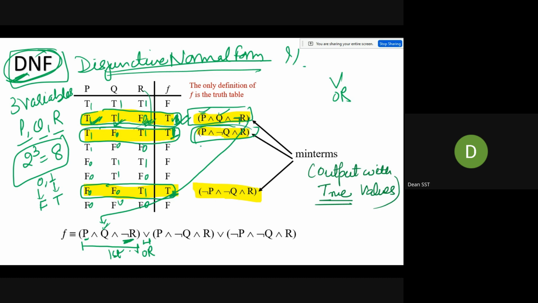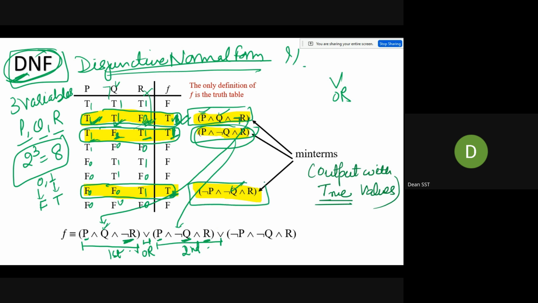Now the second expression. In this row, 1 0 1. For 1 we have written P, for 0 we have written negation of Q, and for 1 we have written R. Then this is the second expression.